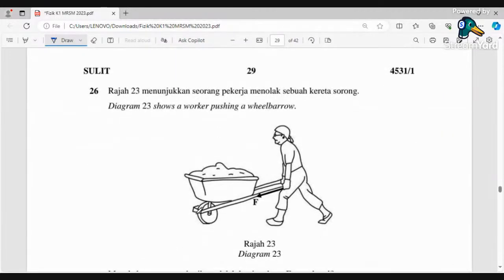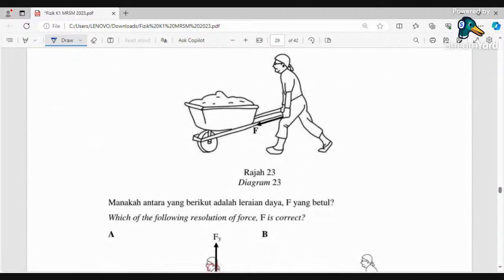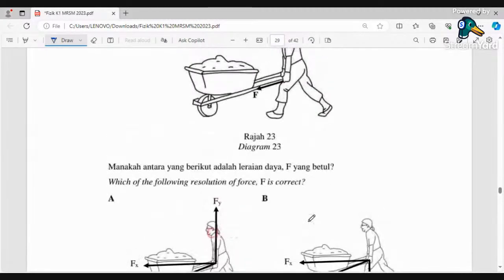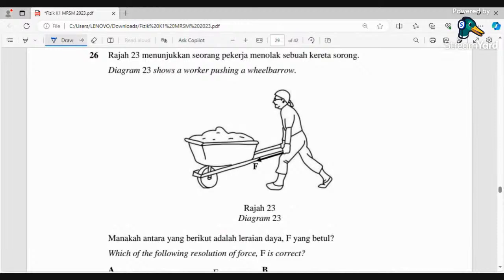Okay, number 26, worker pushing, push down, dia punya force adalah ke sini push. Which of following resolution? Okay, kalau you nak resolvekan force F, okay, you tengok direction dia kat mana. Okay, dia di sini kan, ini point dia. Okay, jadi lukiskan dia punya axis tu, y axis dengan x axis. Kalau direction dia dekat bahagian ni, third quadrant.